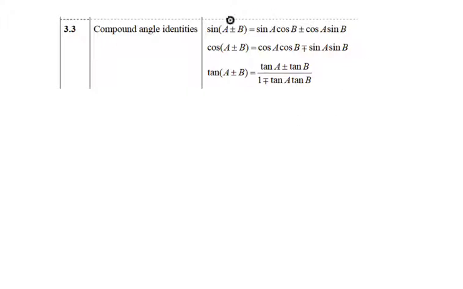These are the formulas that you don't need to memorize because they're in the formula booklet. But if you start with tan A plus B and write out sine A plus B over cos A plus B, work backwards from this to get to that point if you're trying to prove the tan A plus B formula. But otherwise, we're just going to use these formulas.